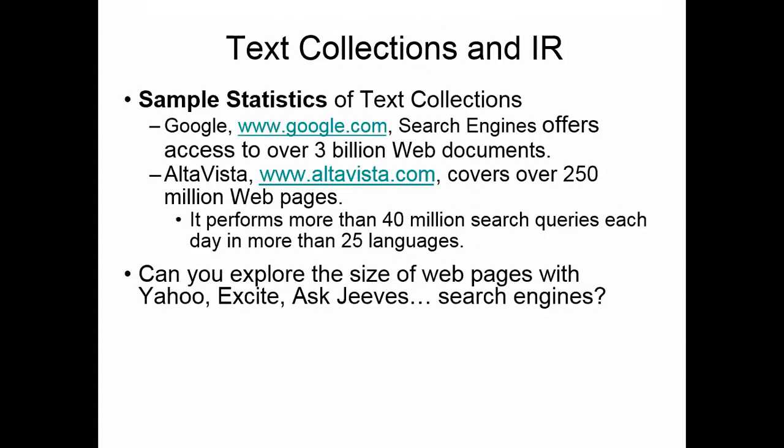See statistics from some of the search engines, how much data they are managing. The well-known Google manages over 3 billion web documents. The AltaVista search engine, which is nowadays also well known by different communities, covers over 215 million web pages, and it performs 14 million searches per day in more than 25 languages.